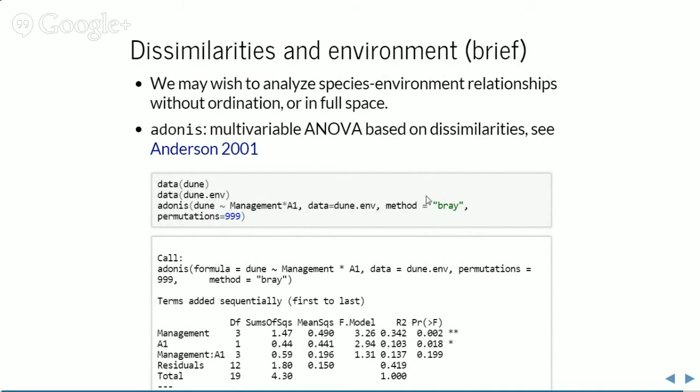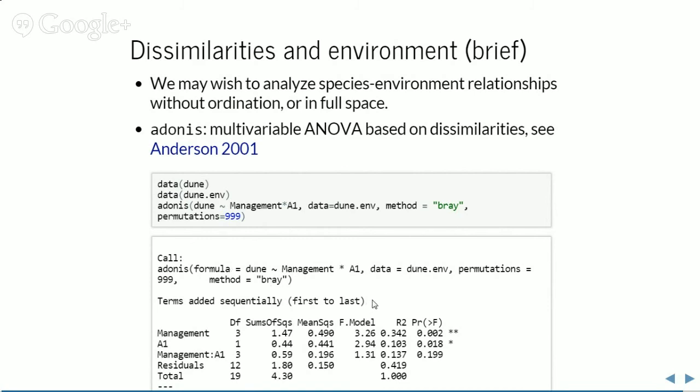We're going to calculate a dissimilarity matrix, and then we're going to ask how a factor, management, and then a continuous variable, the depth of the A1 soil horizon, work as explanatory variables.